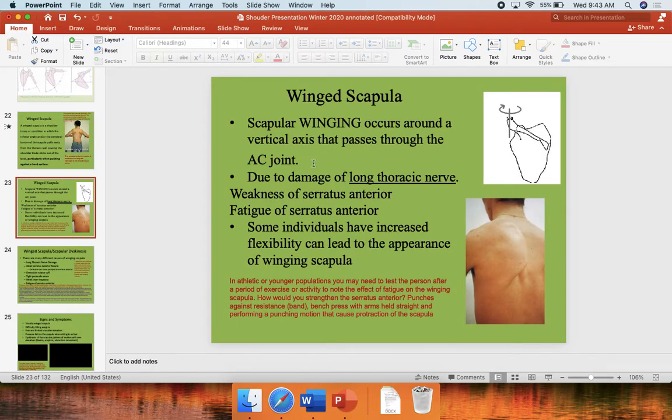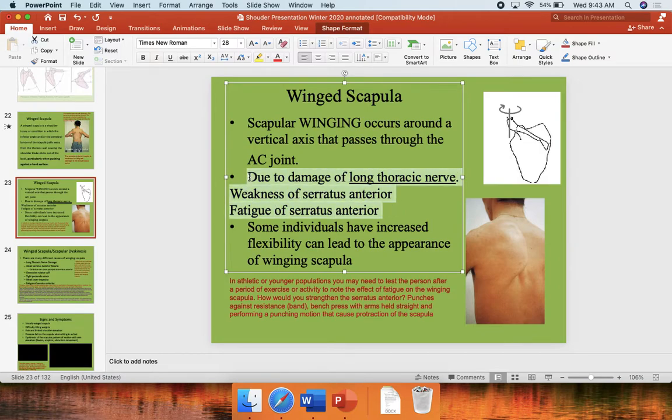As we move through this, we can see it's potentially due to damage of the long thoracic nerve, because the long thoracic is the nerve that innervates our serratus anterior. But it can also be due to weakness or fatigue of that serratus anterior, a lot of times from overuse. If you have someone going into a new profession or a new hobby, and they're doing a lot of overhead activities, and their serratus anterior is not ready to handle the load placed upon it, a lot of times you'll see some winging of the scapula.